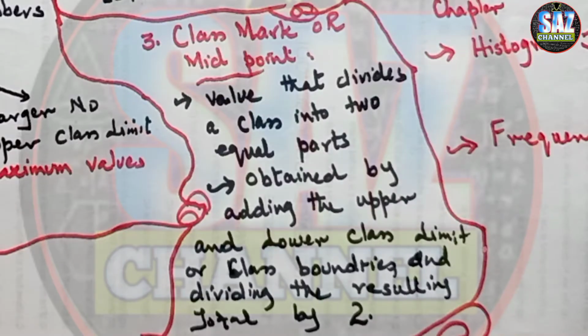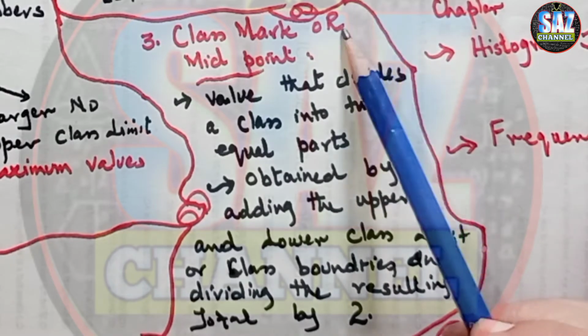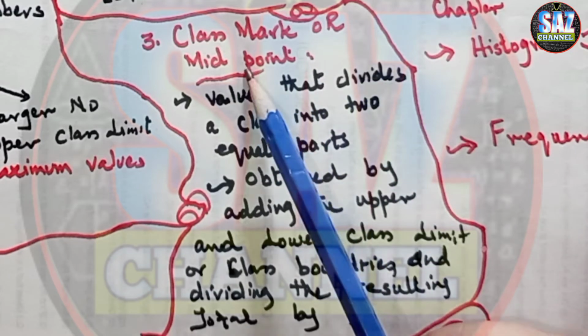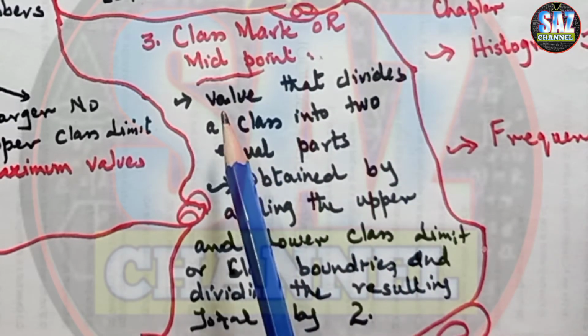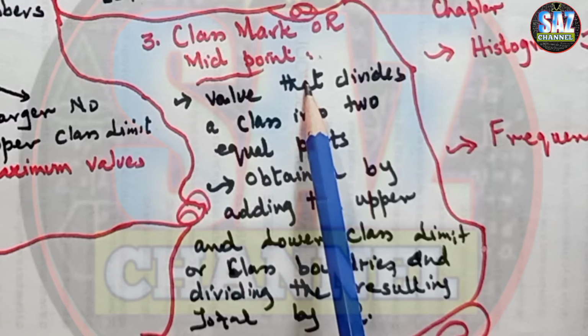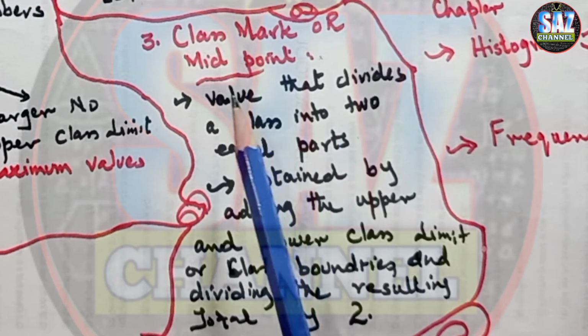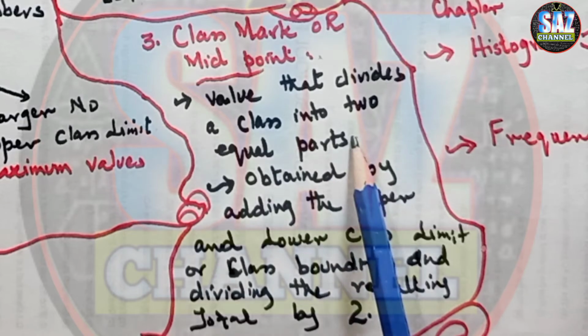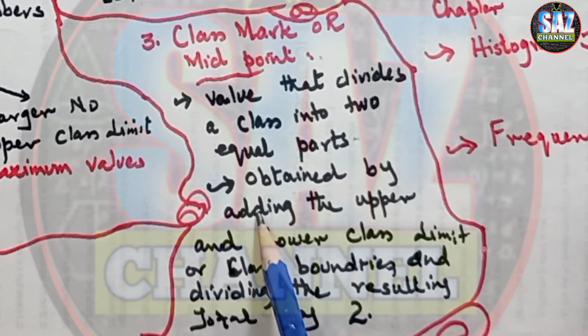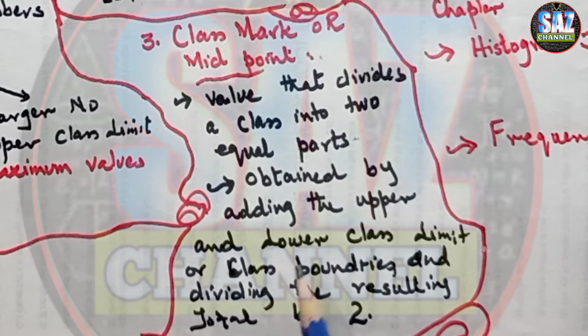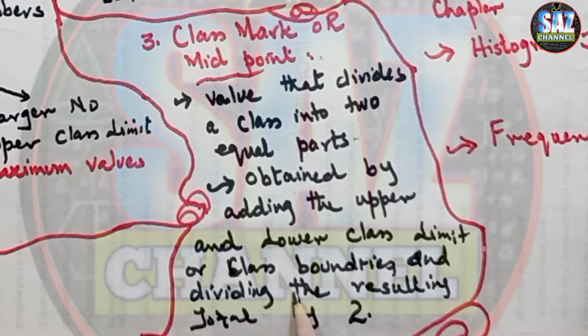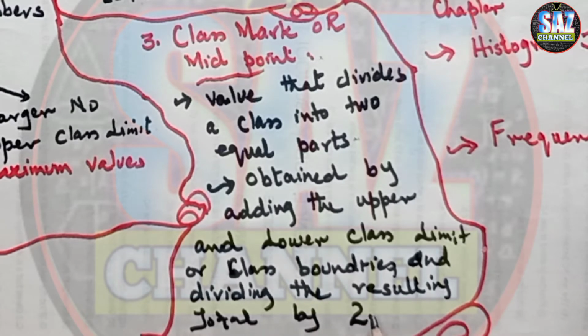Okay, and then the third important concept is the class mark or the midpoint. The class mark or midpoint is the value that divides the class into equal parts. It is obtained by adding the upper and lower class limit or class boundary, and then dividing the result by 2.